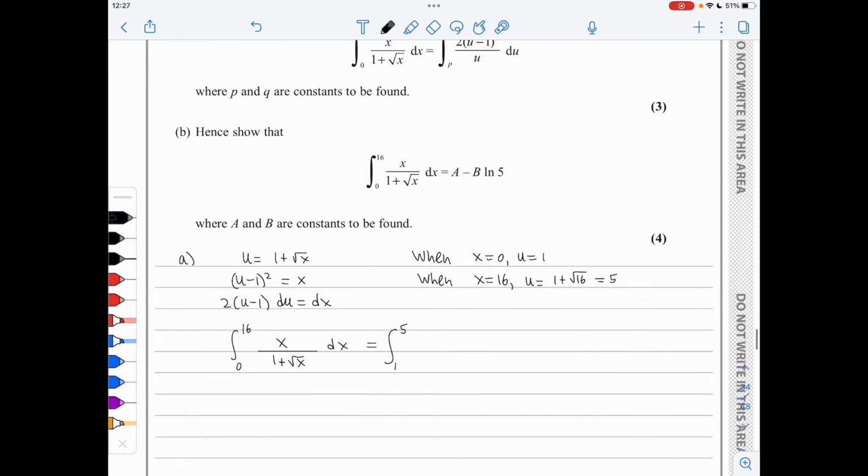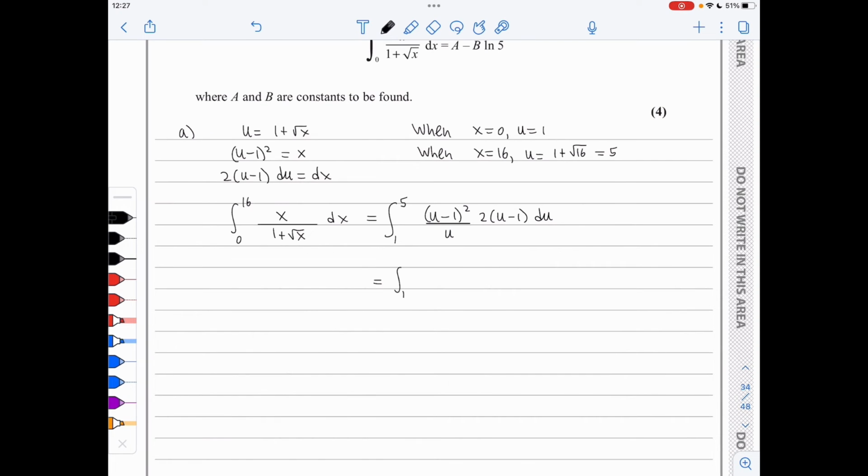In the place of x, I will put u minus 1 squared. In the place of 1 plus root x, I will put u. And in the place of dx, I will put 2 brackets u minus 1 du. So what I need to do now, write this as the integral from 1 to 5 of 2 brackets u minus 1 cubed over u du, with p being 1 and q being 5, the limits in the integral with respect to u.